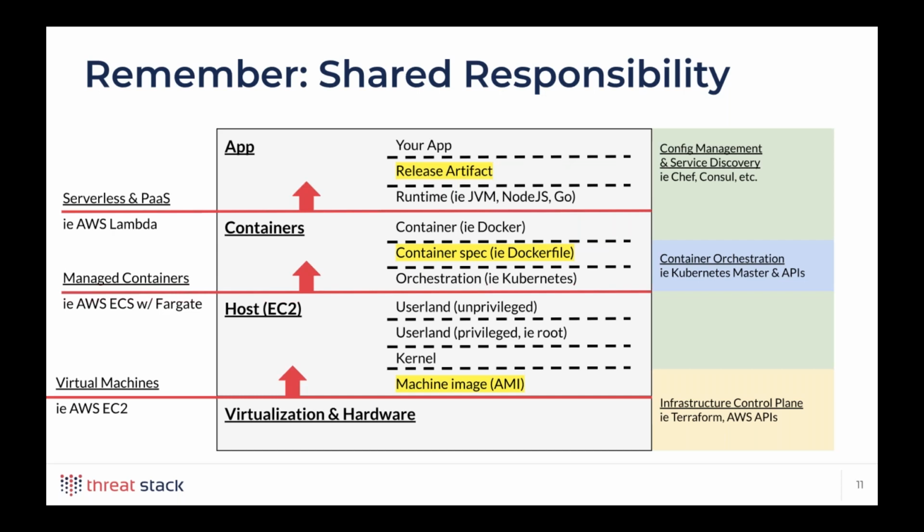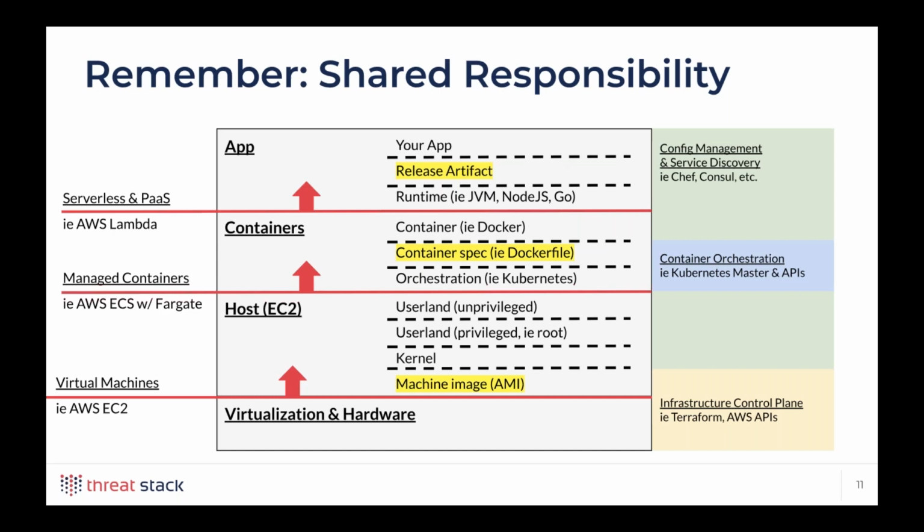There's some additional complexity here as well that you should consider around your infrastructure, and that's that there are various control planes or orchestration layers that you should be mindful of observing as well. Things like AWS APIs or Terraform that control the spinning up of machine images, or container orchestration like Kubernetes that dictates when containers or pods start and stop.